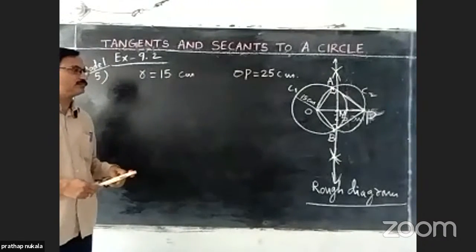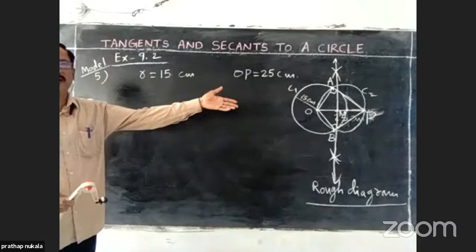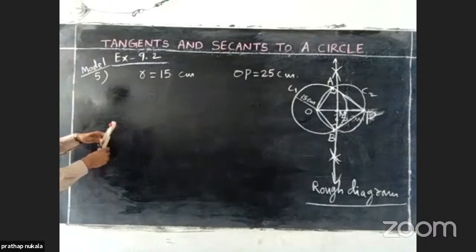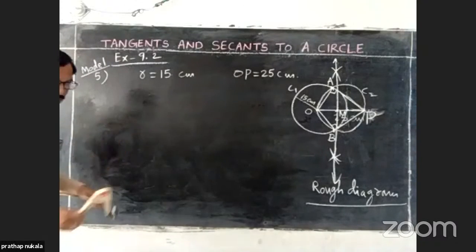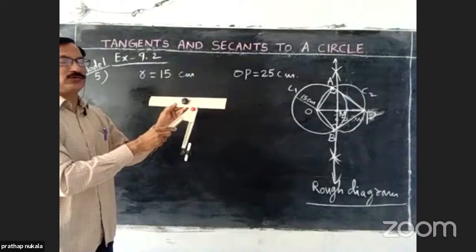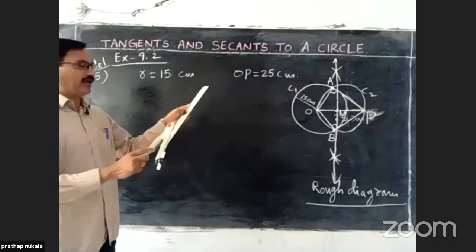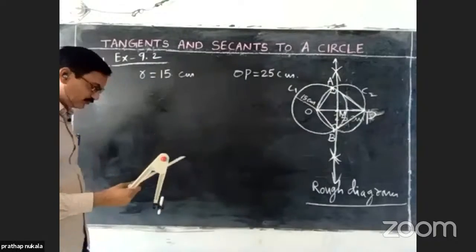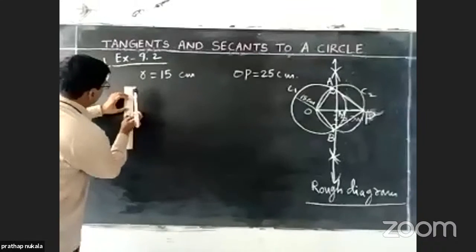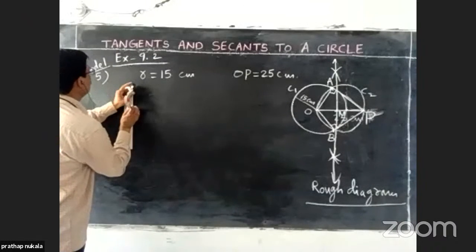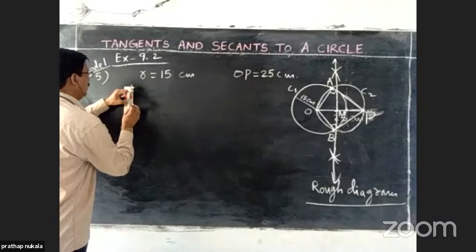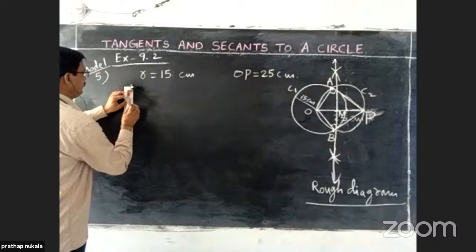As per the rough diagram, first we have to draw a circle of radius 15 centimeters. I am taking 15 centimeters. On one side of the ruler inches are marked, and on the other side centimeters. I am taking 15 centimeters, from 0 to 15 centimeters.